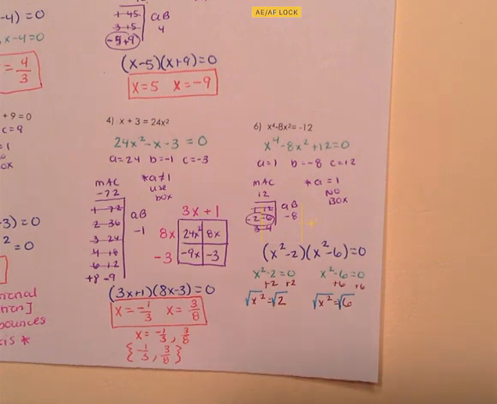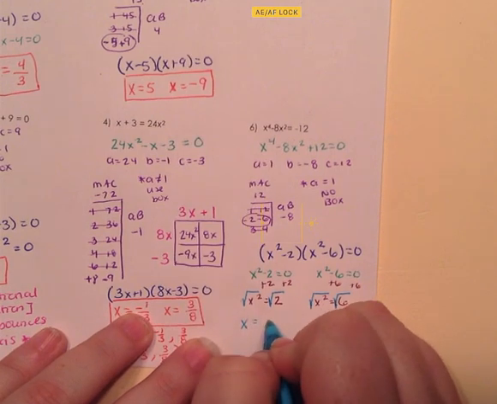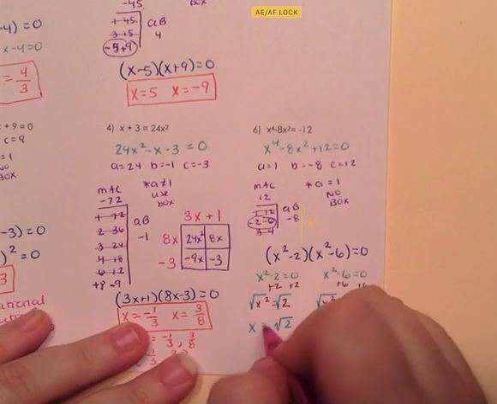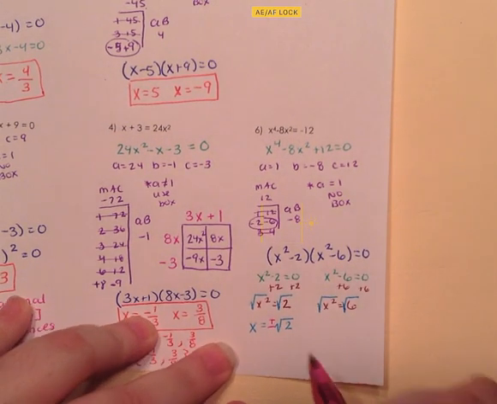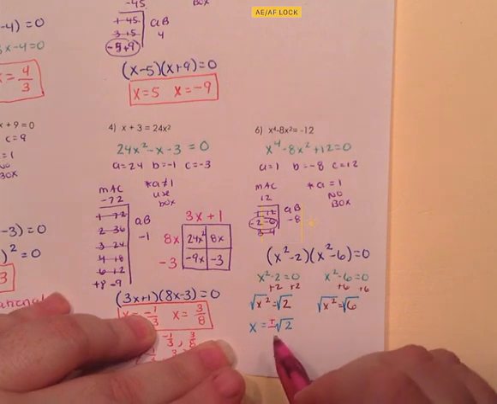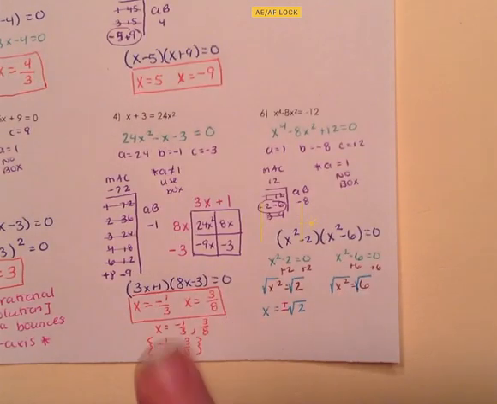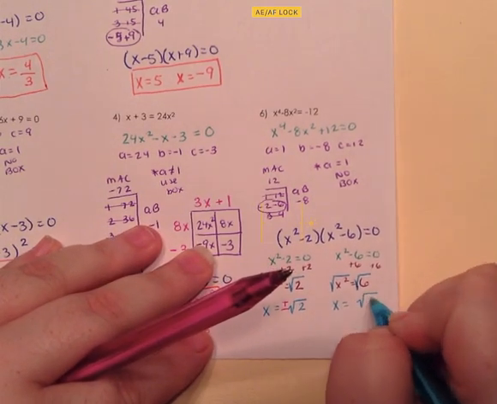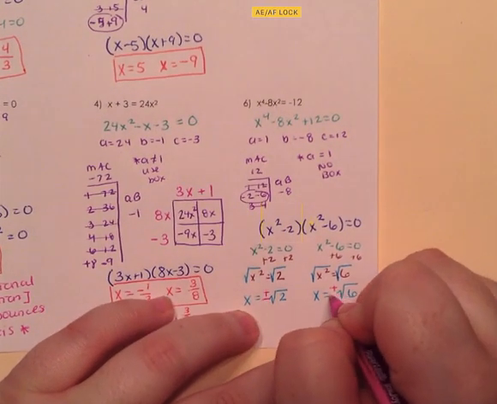So not only do we have the square root of 2, so we're going to have x equals the square root of 2, but we're going to have both the positive and the negative value of that. Because a positive square root of 2 times a positive square root of 2 will work, and a negative times a negative will also give you the positive. So we'll actually have the same thing for the square root of 6. So x equals the square root of 6, but we have both the positive and the negative values.